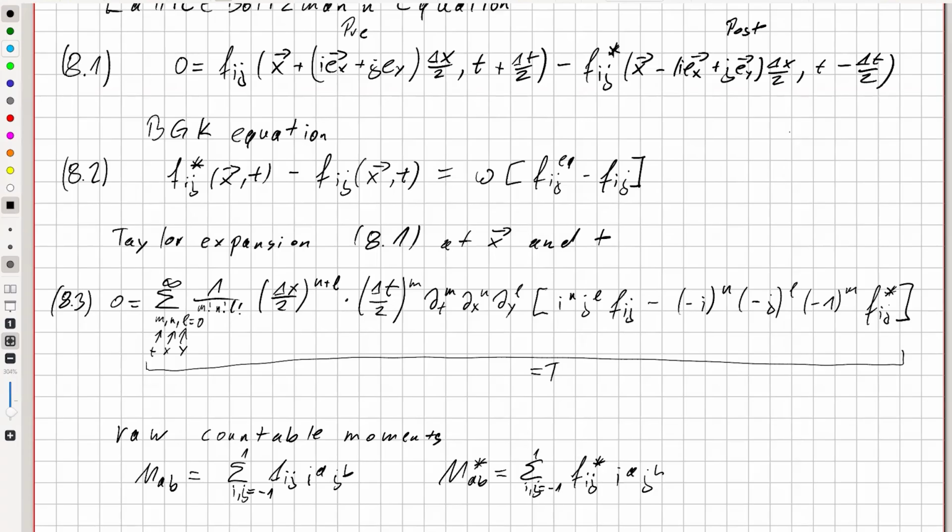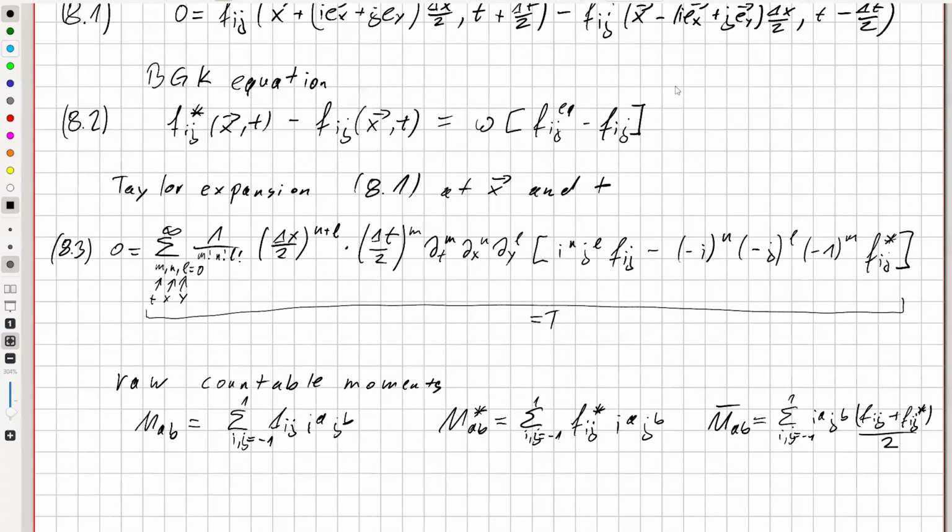And then we also introduced the overbar version, which can be done the same way as we did it for the populations, namely the average between the post-collision and the pre-collision states. So this times a half.